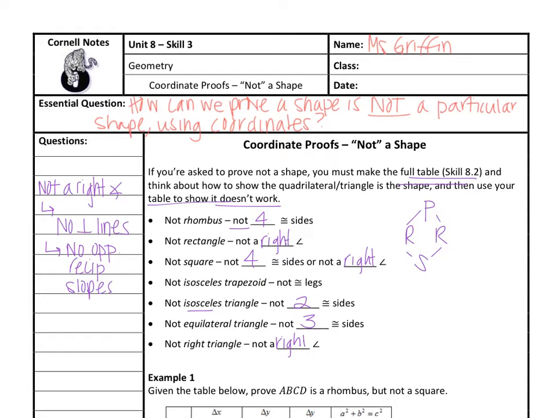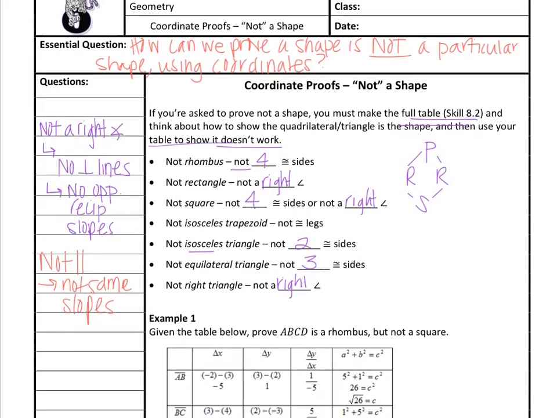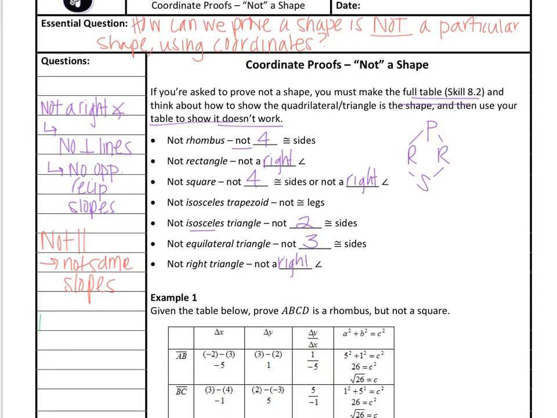So that's not a right angle. If we want not parallel, that would mean that we want not same slopes, because parallel lines have same slopes, so we stick the word not in front of it. And the last thing that we were concluding was not congruent. If we want things to not be congruent, they need the not same length.